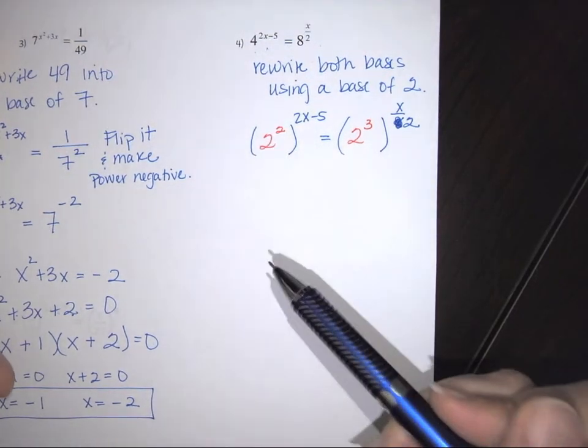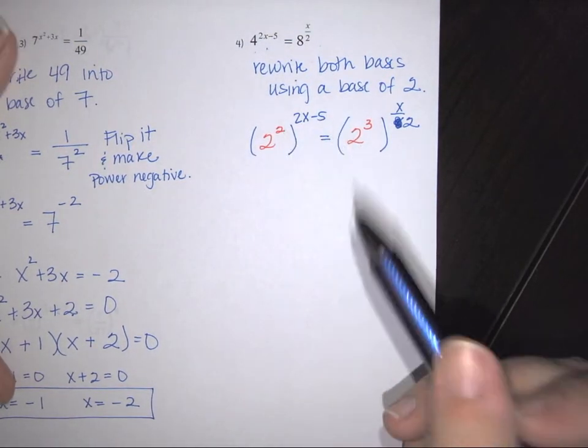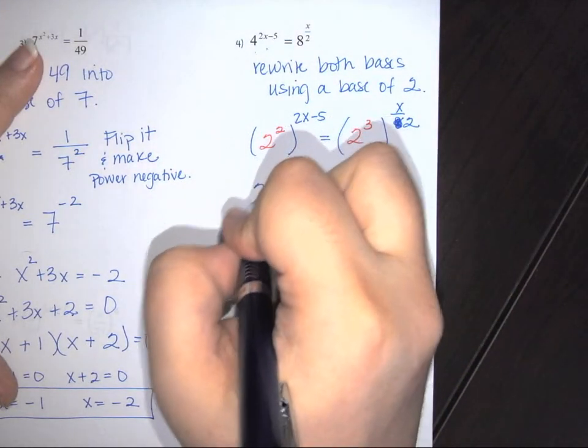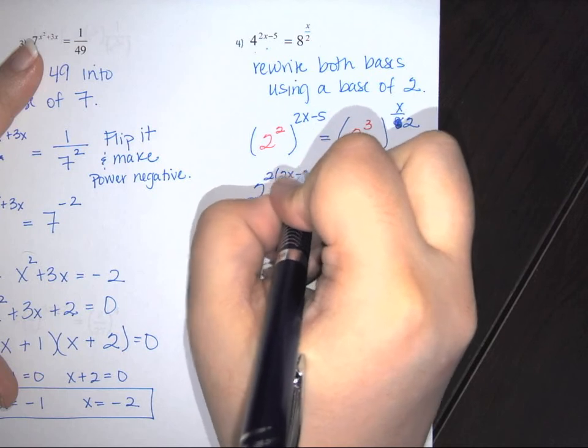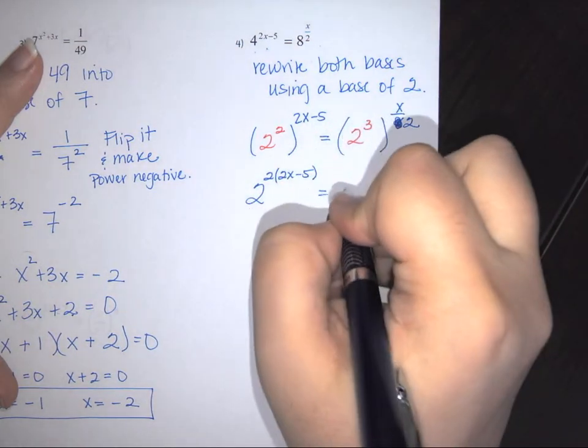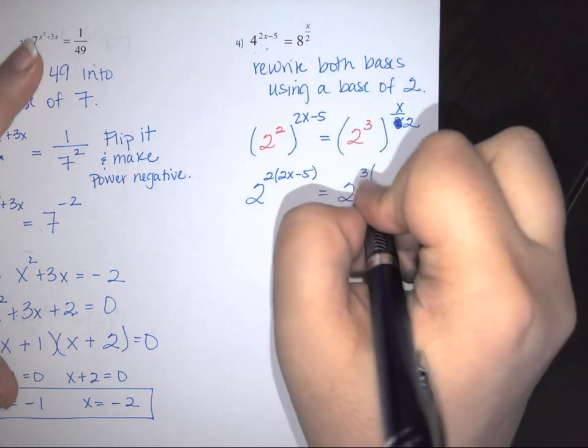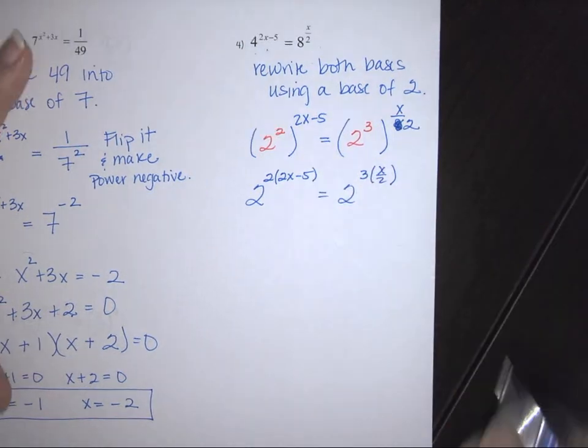Because my bases are the same, I can now apply my power rule, which says this is 2 to the 2 times 2x minus 5 equals 2 to the 3 times x over 2.